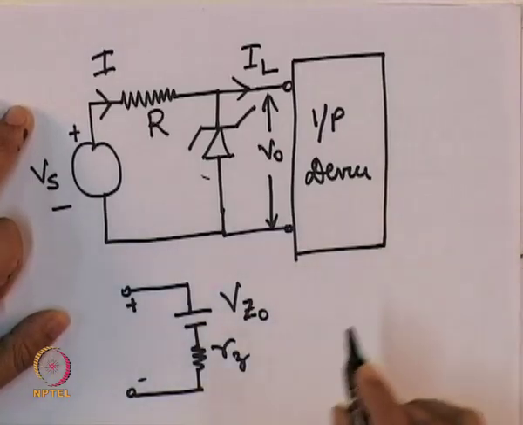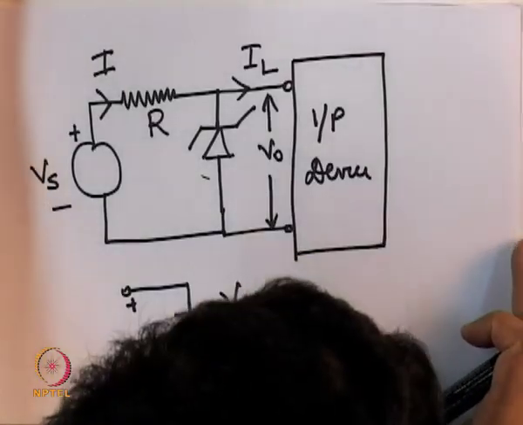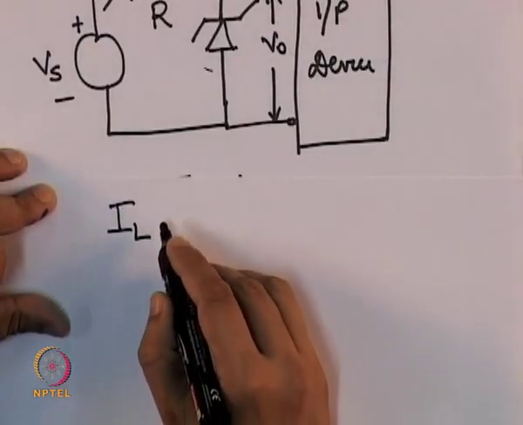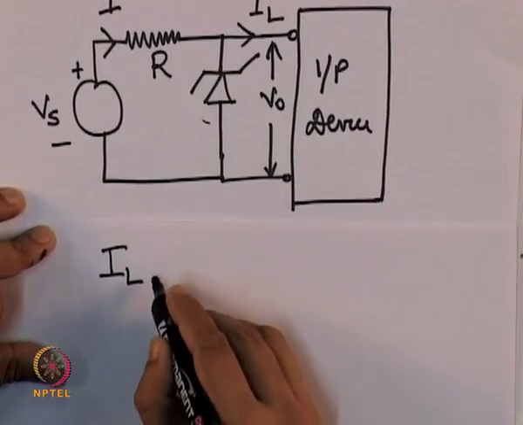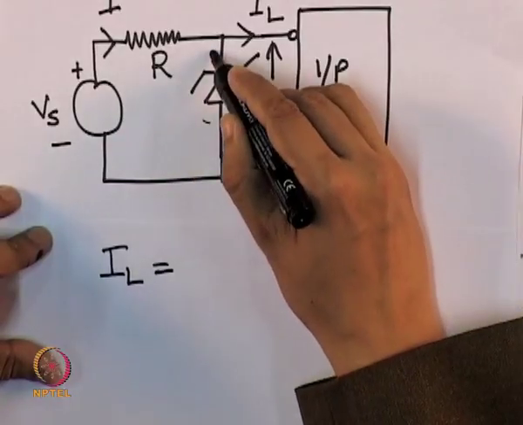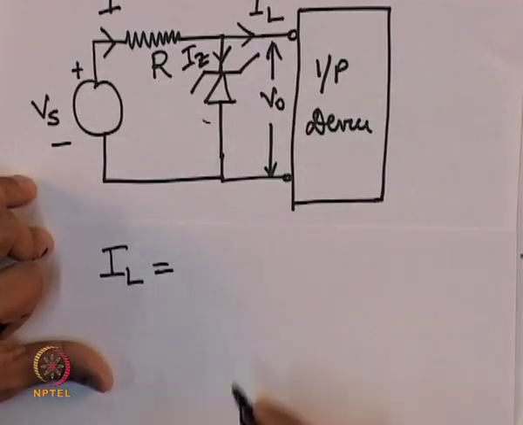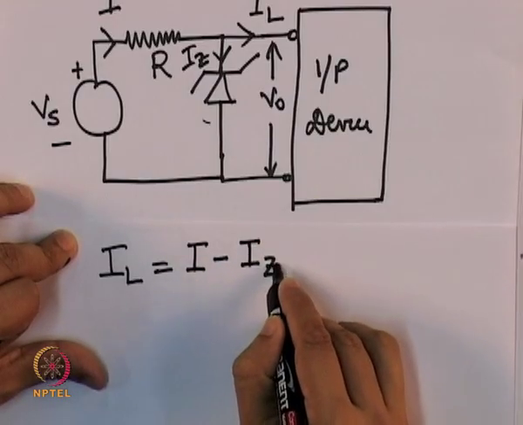So, to analyze it, how do we do that? Let us look at this current I L. This current I L is given by the current from the source, and suppose the current through the Zener diode is I z, then I L will be equal to the difference of I and I z, right.